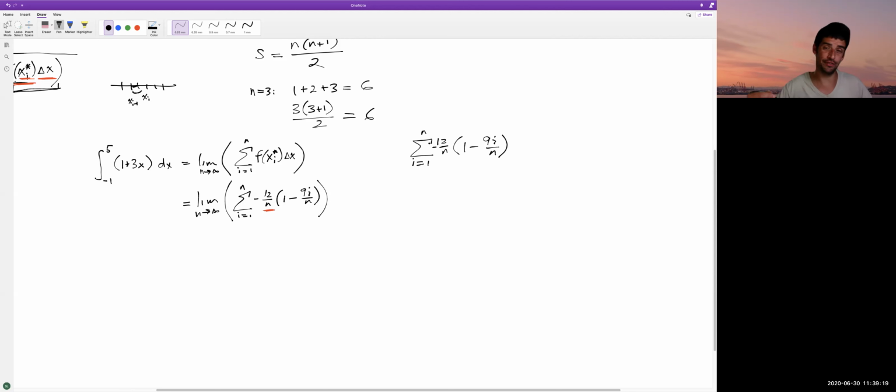So each individual term gets smaller, but we're adding up more things. For instance, if I add up 1 plus 1, I get 2. I could add up more things but make them smaller, adding up 1/2 plus 1/2 plus 1/2, and I get 3/2, right? And so it's not clear which of those two things is winning. So I don't really know how to take this limit as written. But using the properties of summations, for instance, I can take this constant out front.